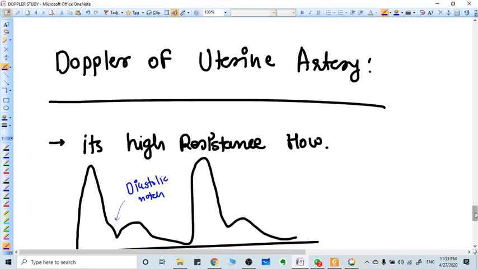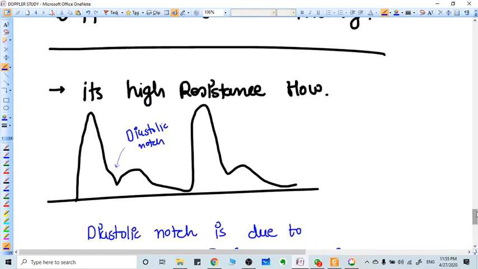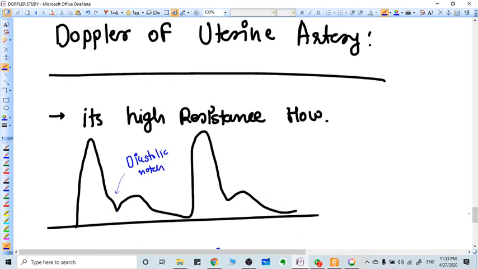Now, the uterine artery per se is a very large artery with so much muscle in that middle layer of the artery. So it has impedance. Impedance means elasticity. The uterine artery vascular bed is an elastic bed.